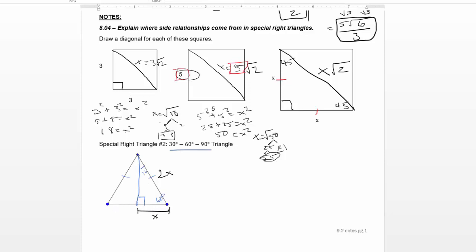So this would be 1x. So if this is 1, the hypotenuse is twice as long, because the hypotenuse is a full side, or 2 of these x's together. And the question is, we'd like to know what this side is. I'm going to call it h for the height.